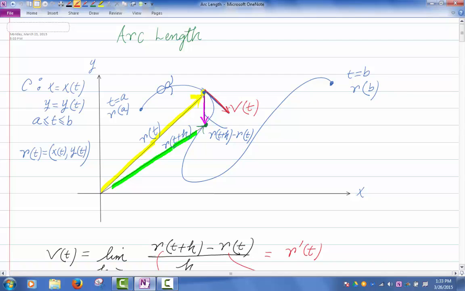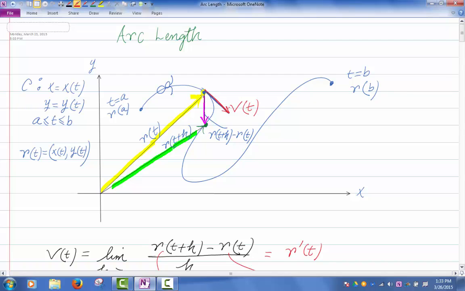What I want to know is what's the length of the curve. So why do I care about the length of the curve? Well, obviously there are many applications of that. One application would be that if you are thinking of this as the path of a moving object, then the length of the curve will give you the distance covered by the moving bug over the time interval from a to b.